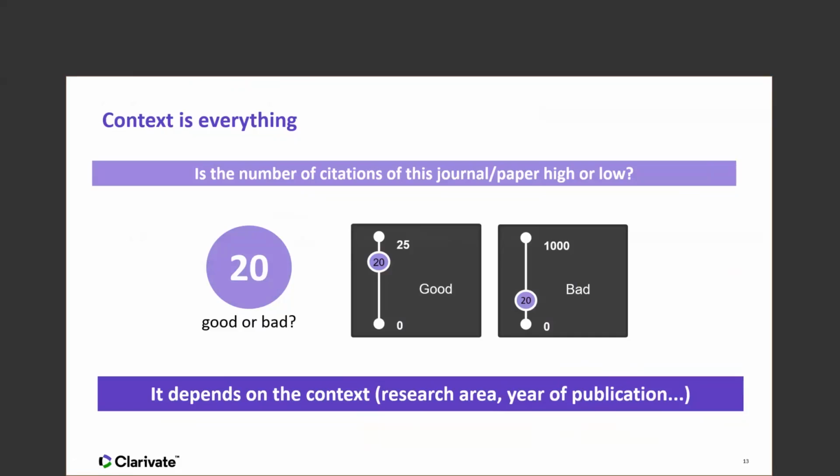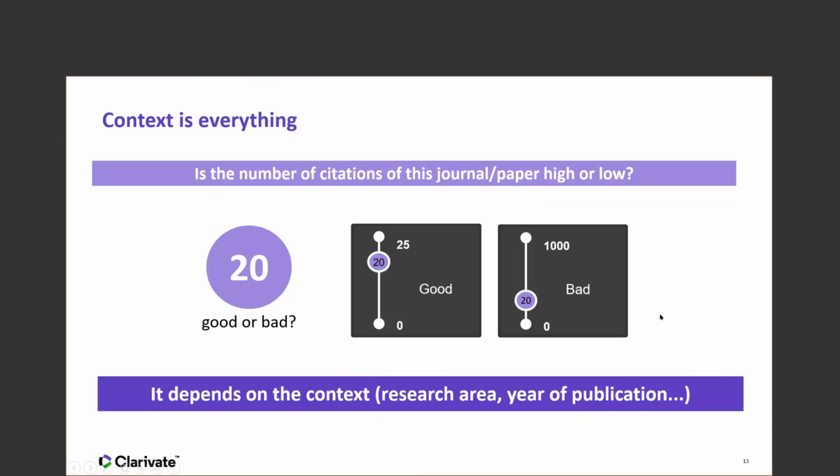For example, here, what is the scale? What is the maximum? Depending on the maximum, that number can be good or it can be bad. So this is what we need to have a look at, the context, especially the context in terms of research area and in terms of year of publication, because every year it's going to change, the impact factor, the citations, and from one area to the other, it's also going to change a lot.